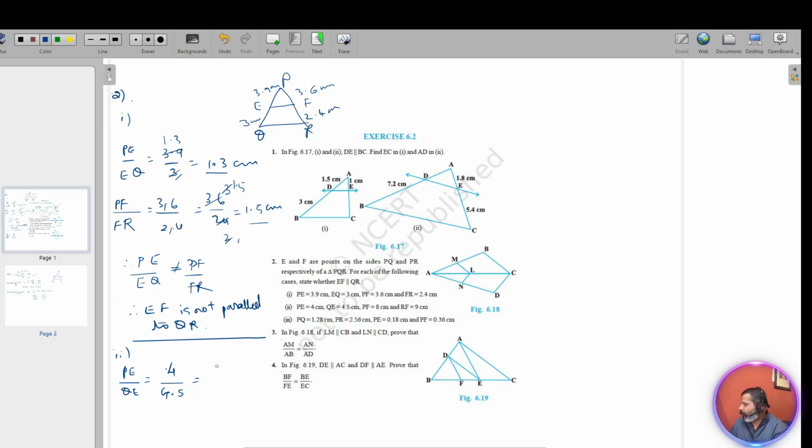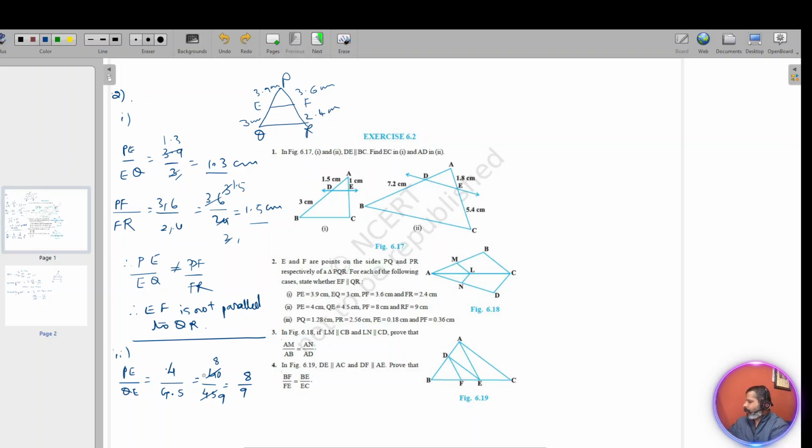How much does it come to? 4 by 4.5. If you don't know the calculation, convert the decimal to a whole number: 40 by 45. 5 eights are 40, 5 nines are 45, which is 8 by 9. 8 by 9 is the ratio I'm putting here.